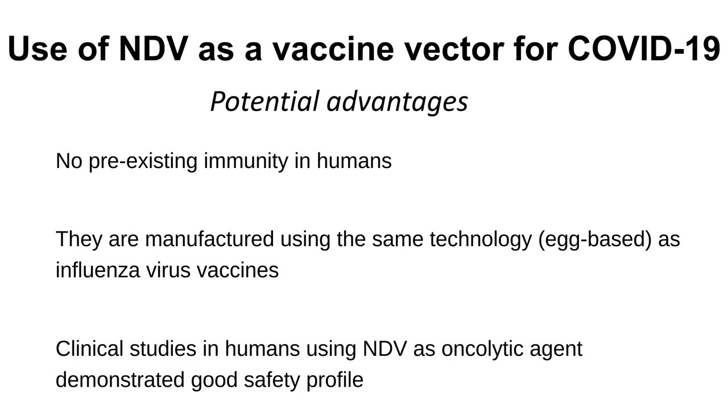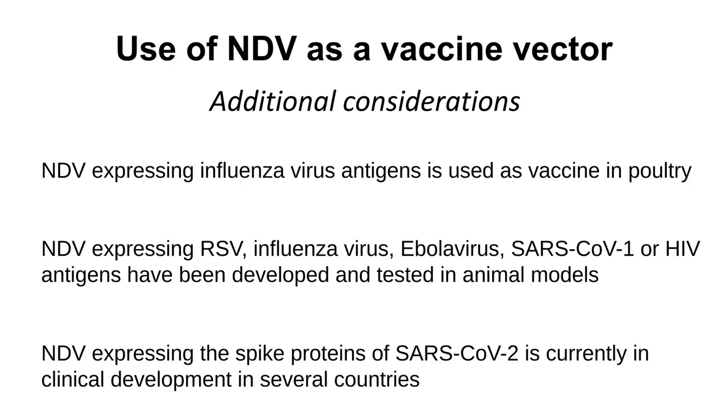Then safety in humans is important, and clinical studies in humans using Newcastle disease virus, especially for potential treatment of tumors, have demonstrated a very good safety profile, so it seems to be a safe vaccine platform in humans. And in addition, we have been using Newcastle disease virus before as a vaccine vector for chicken.